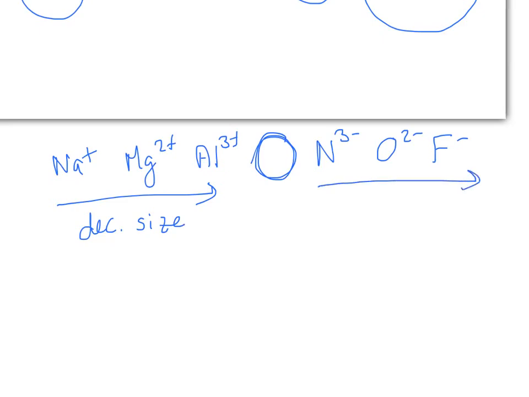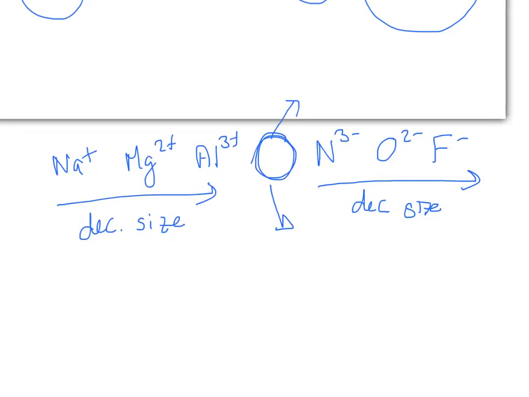As you go this way, your size decreases as well. Here, you either gain 4 or you lose 4, and so you have a dramatic jump, basically.